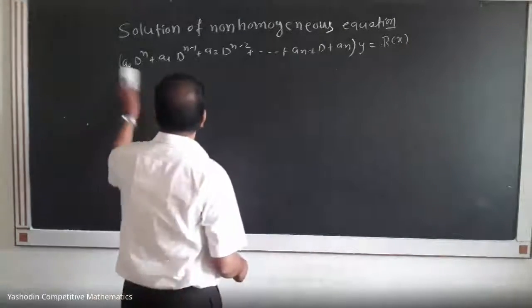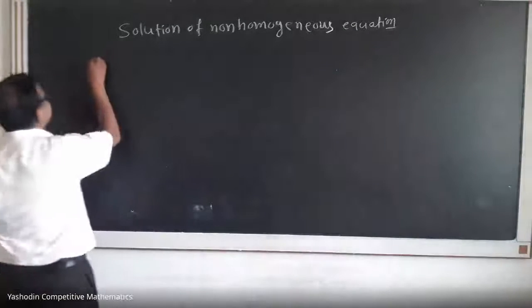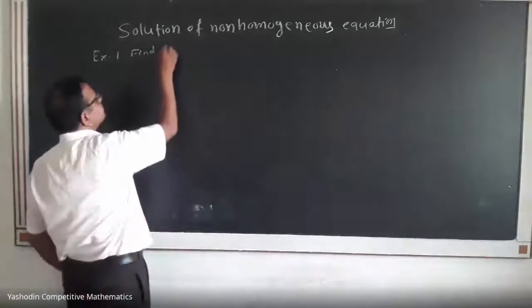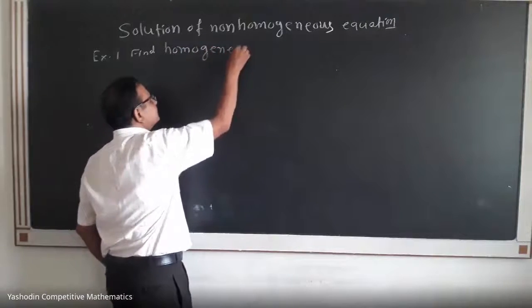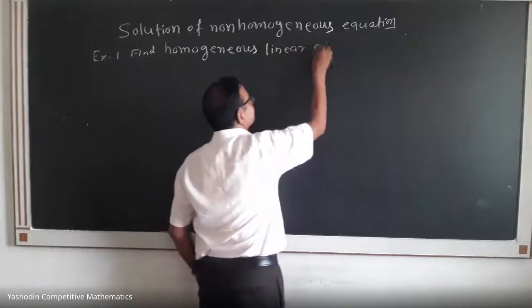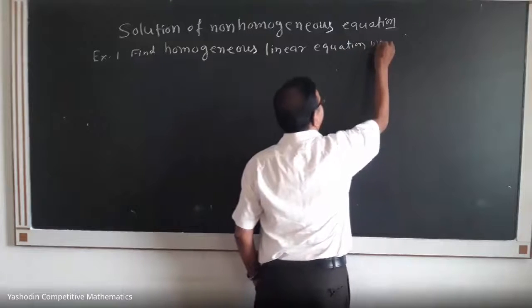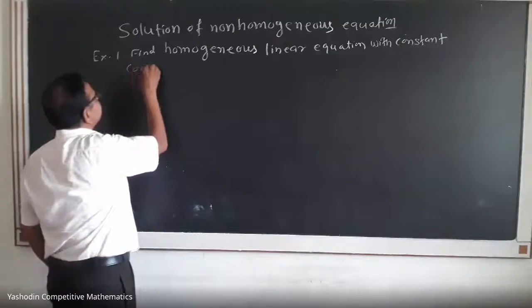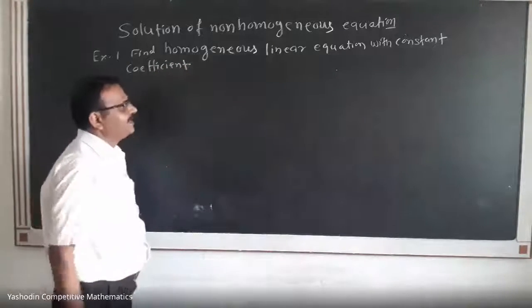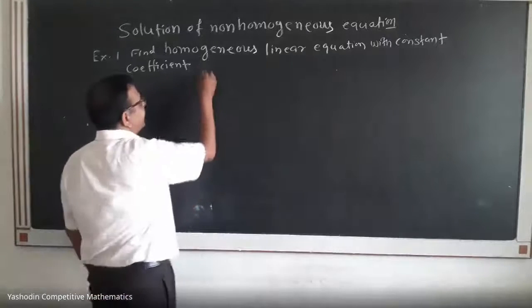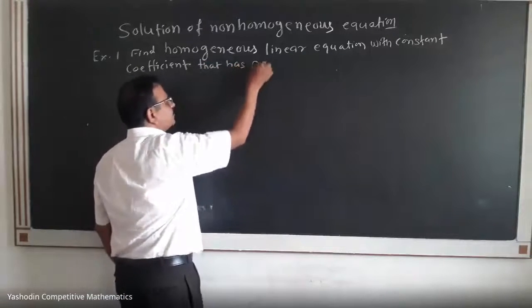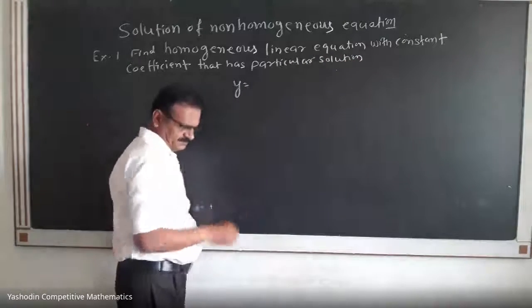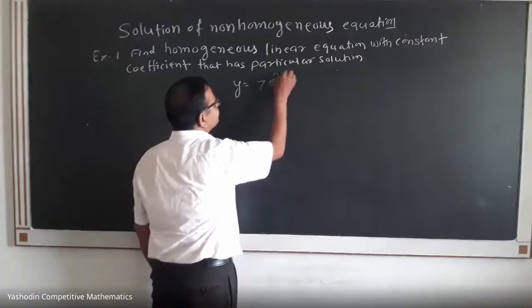Example 1. Find the homogeneous linear equation with constant coefficients that has the particular solution y equal to 7 e raised to 3x plus 2x.